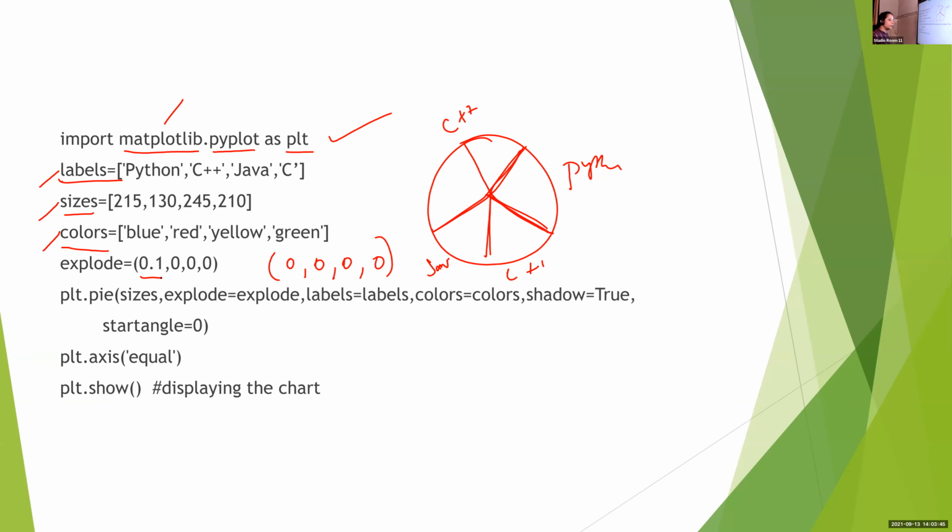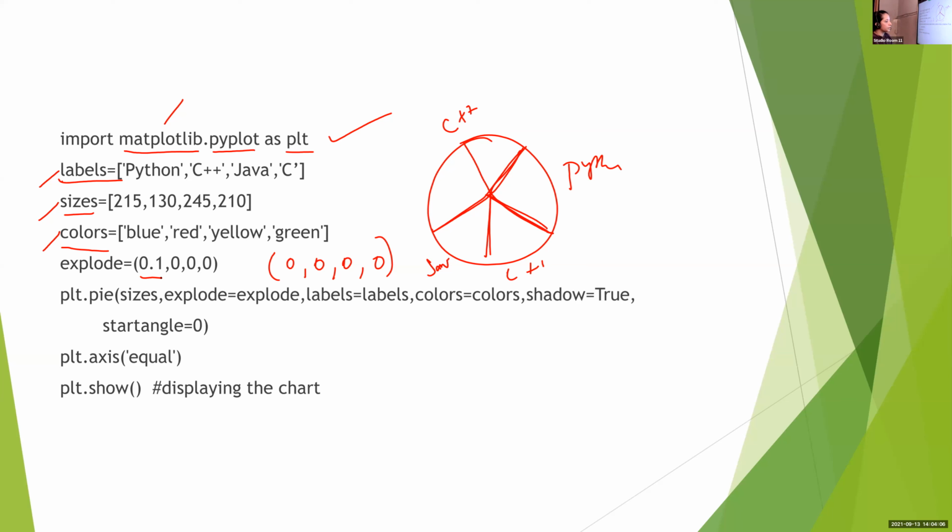You can give 0.2, 0.3, and so on, and that much of the portion is pulled outward from the circle. You can give any value here, but if I give 1 or 2, it is not a good graph representation. You can give a smaller value like 0.1 or 0.2.